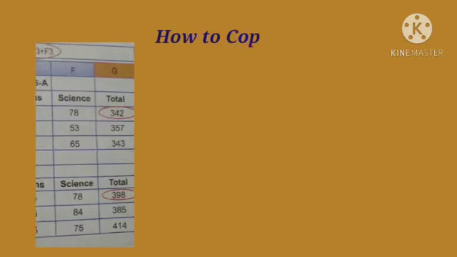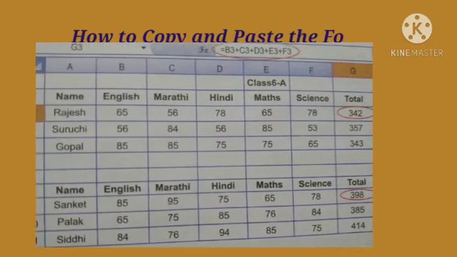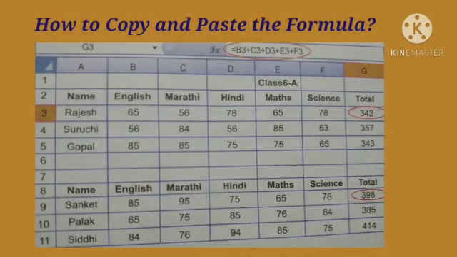How to copy and paste the formula. First thing you have to do, student, is find out Rajesh's total. Use the formula equal to B3 plus C3 plus D3 plus E3 plus F3. Once we get the total, now select the cell G3.